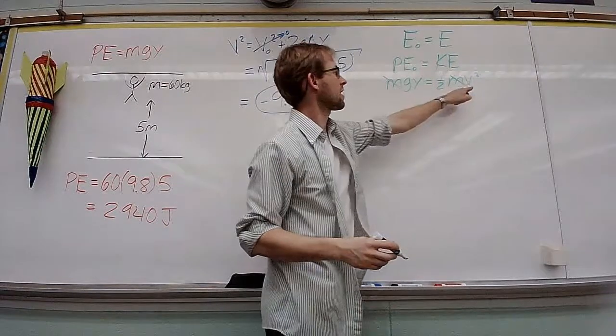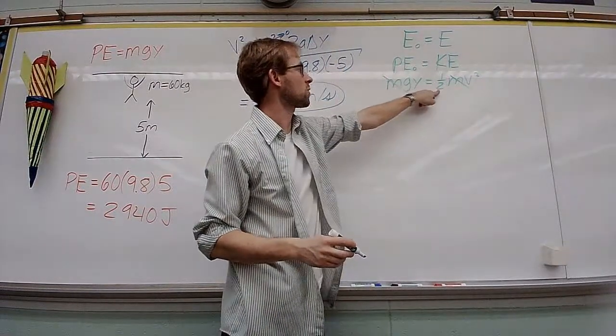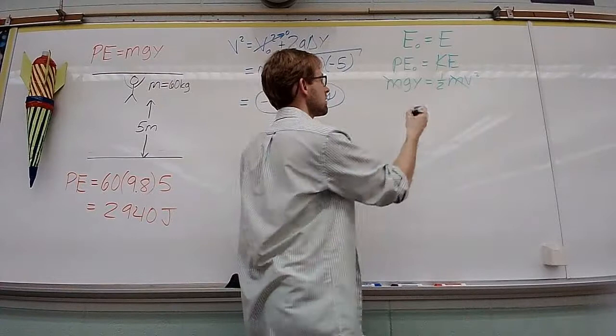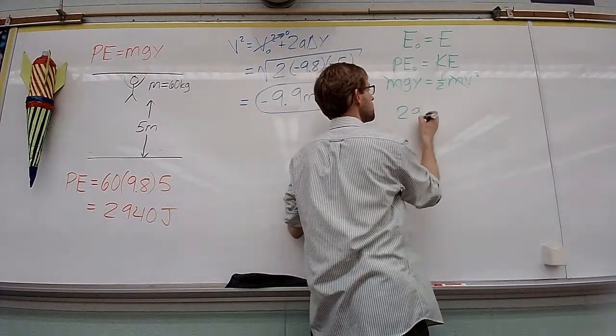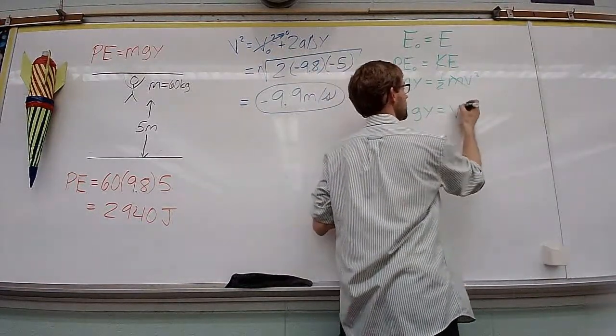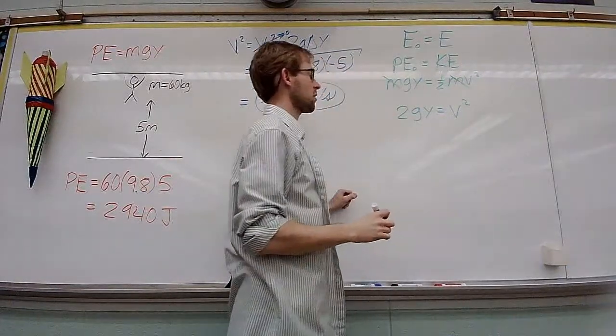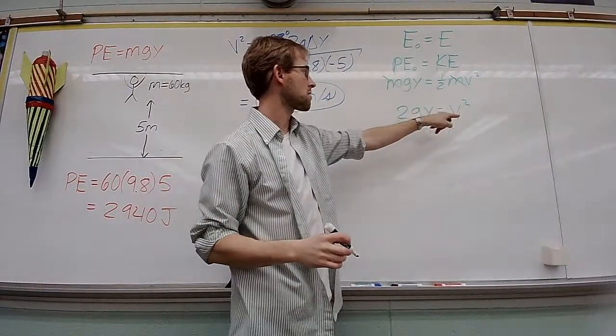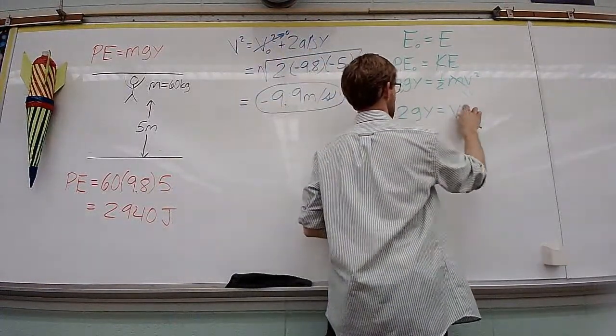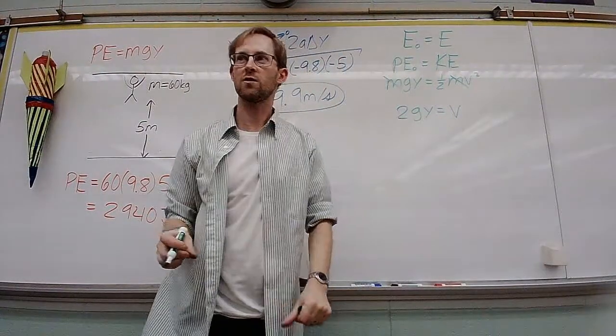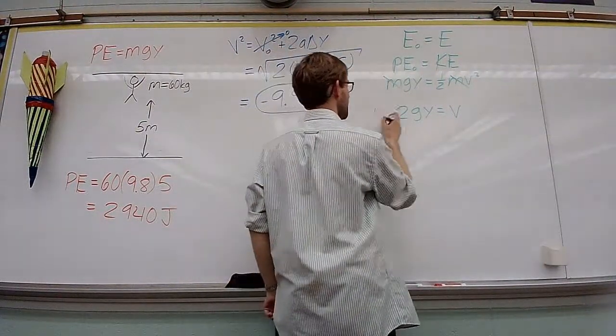So if I want to get this v by itself, I would multiply both sides by 2. So this would be 2gy equals v squared. And of course, if I want to get rid of that square, I erase it. But if I do that, I've got to square root the other side.